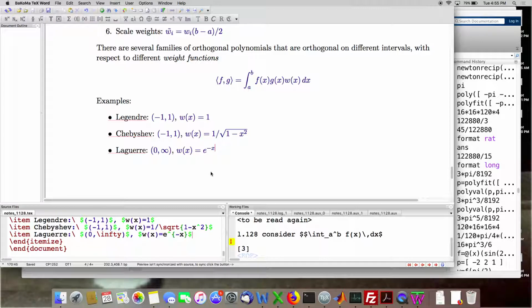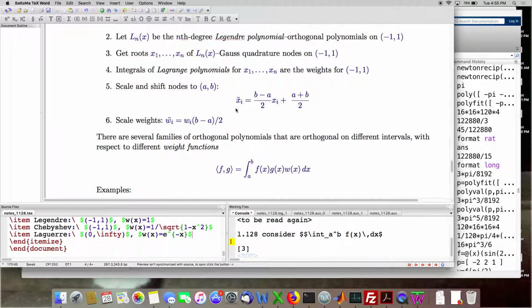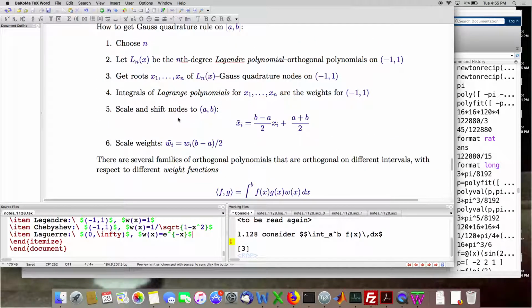Okay, so you'd have to work with a different weight function and get that Gauss quadrature rule fresh. But once you have that, then you can scale and shift to any other interval with a compatible weight function. This procedure here, steps 5 and 6, is what you're dealing with, for instance, on a problem on a test, where you're given an integral to approximate using Gaussian quadrature.